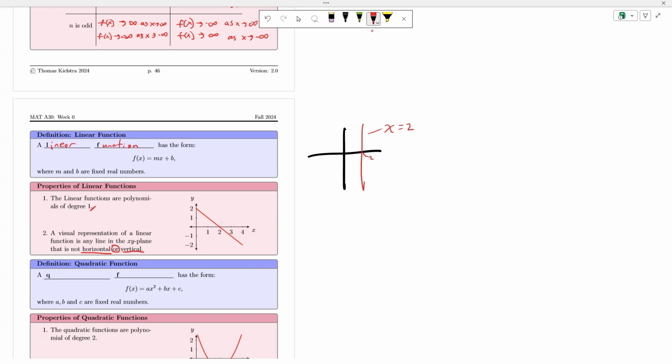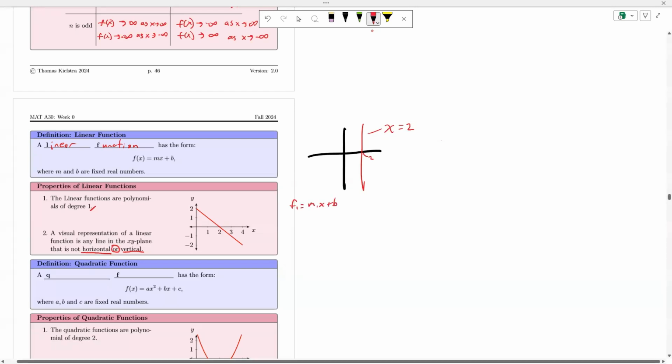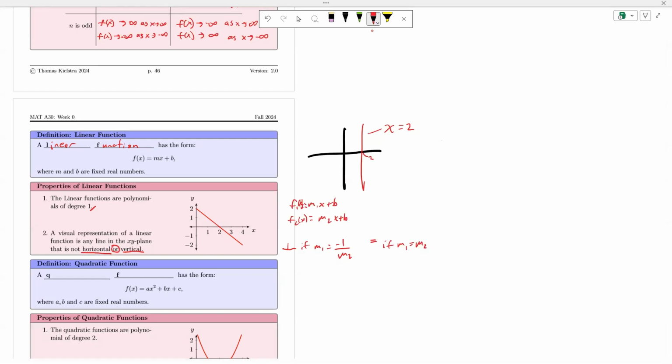If we have two linear functions, f1 of x equals m1x plus b and f2 of x equals m2x plus b, then they are perpendicular if m1 equals minus 1 over m2, and they are parallel if m1 equals m2. And that constraint we talked about earlier, where we said it can't be horizontal or vertical, well, linear functions won't be horizontal or vertical.